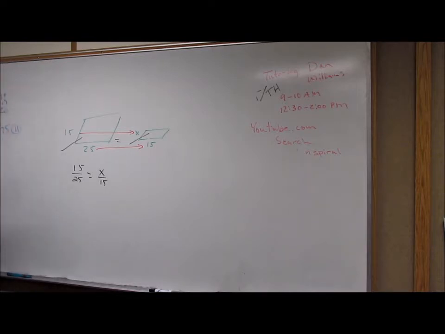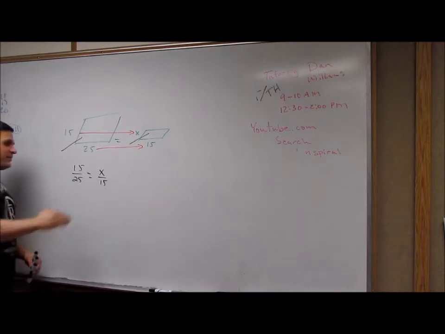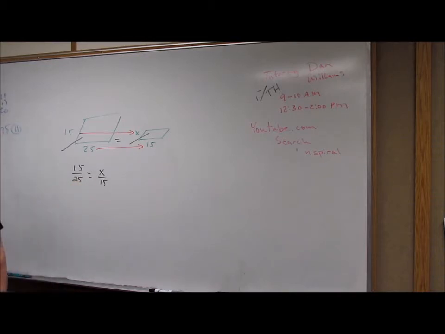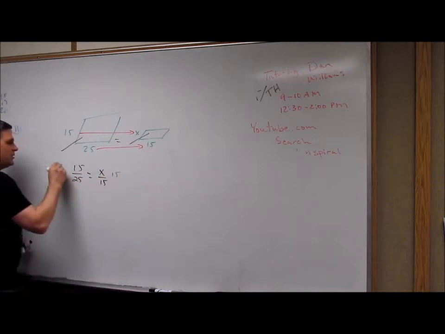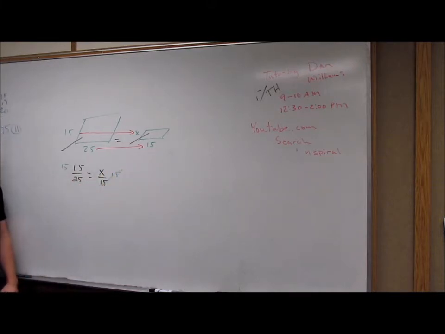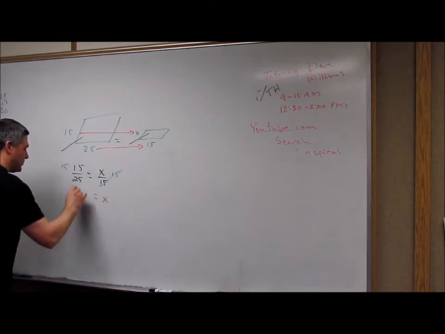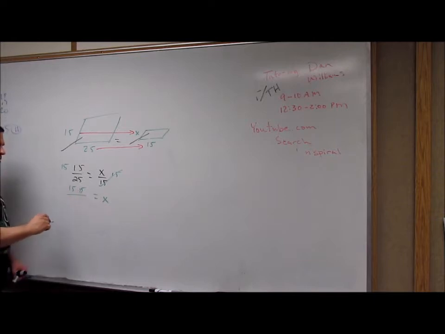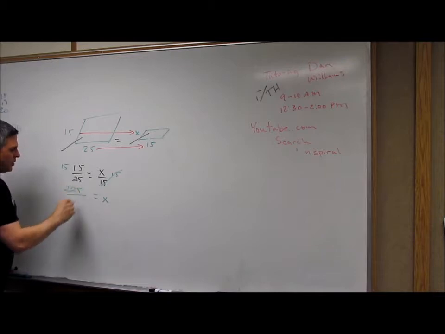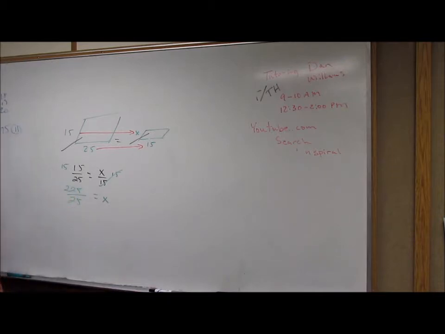Now, this is a problem just like you had before. How many times does 15 go into 25? Well, that's not very easy now, is it? So you could just go 15, 15. That cancels. I get X equals 15 times 15 over 25, which is 225 over 25, and 25 goes into 225 9 times.